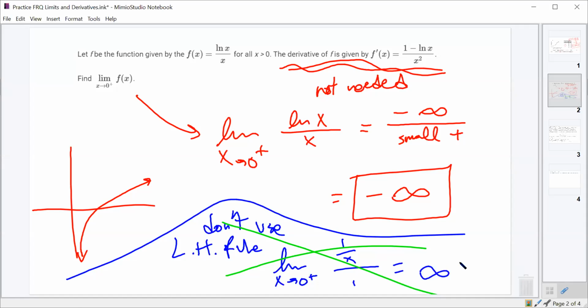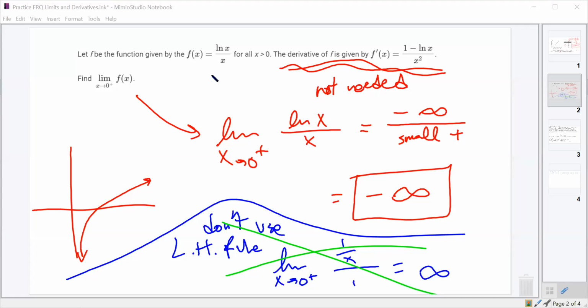There's like 0 to the 0, 1 to the infinity, infinity to the 0, 0 to the infinity. There's infinity minus infinity, a bunch of other assorted forms, all of which generally can be algebraically rearranged and converted into a 0 over 0 or an infinity over infinity.